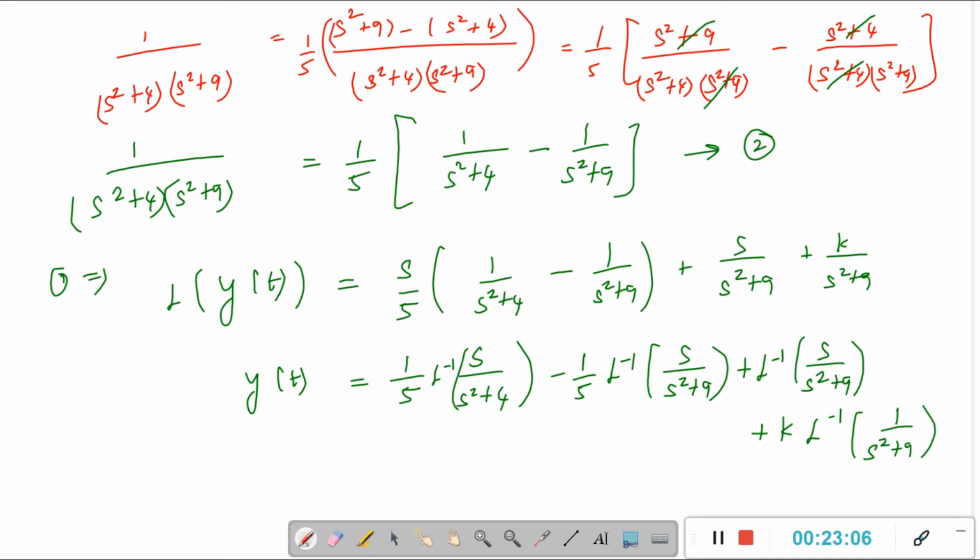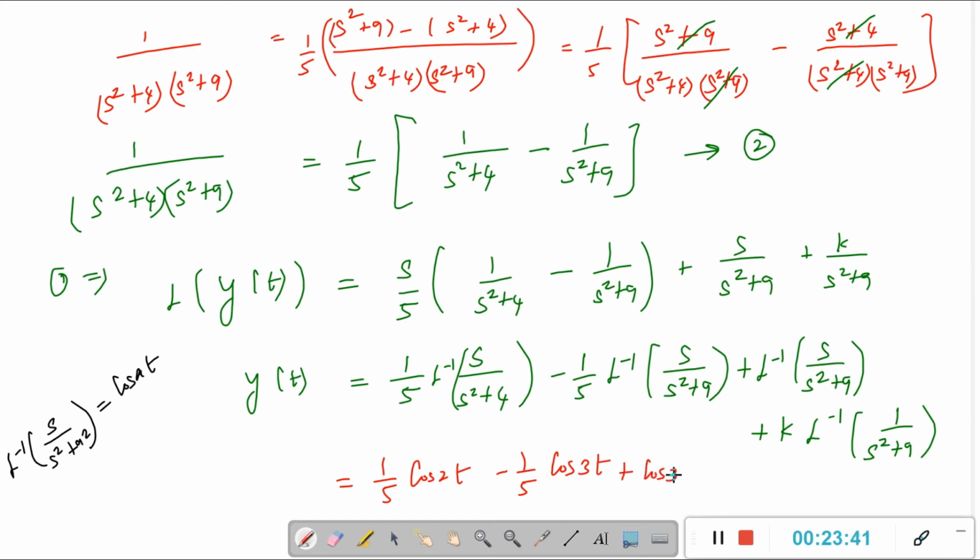So after applying the formula, you may get 1 by 5. You can use this formula, L inverse of s by s square plus a square equal to cos at. By using this formula, you may get cos 2t minus 1 by 5 cos 3t plus cos 3t.